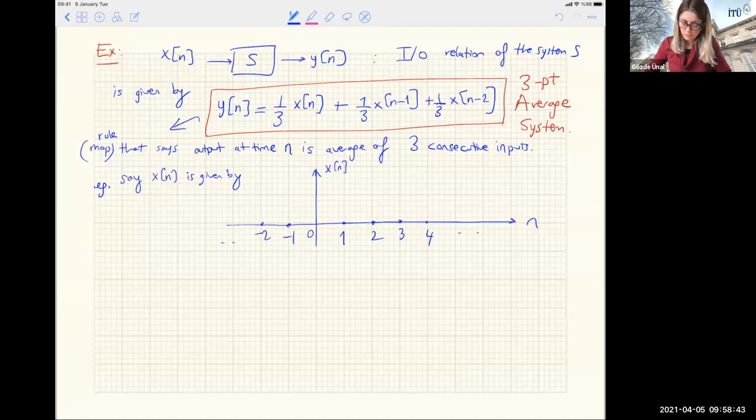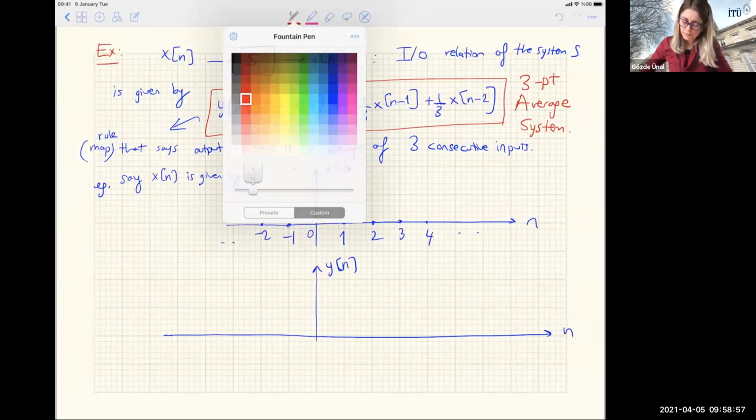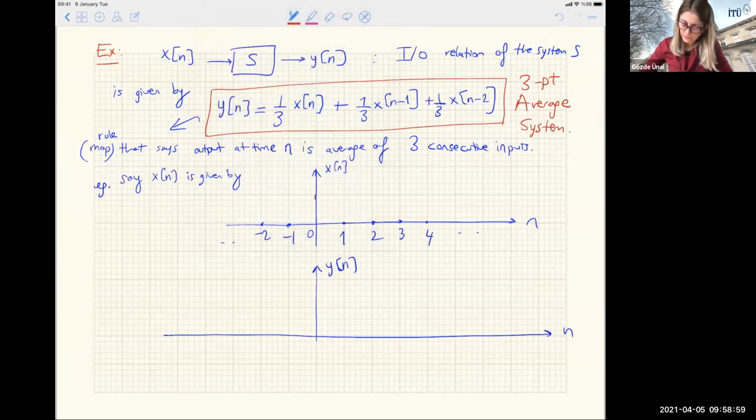Let's also draw the output axis, and let's see how y of n is calculated. So the input is given by this simple 1, 1, 1, and it's 0 everywhere else.